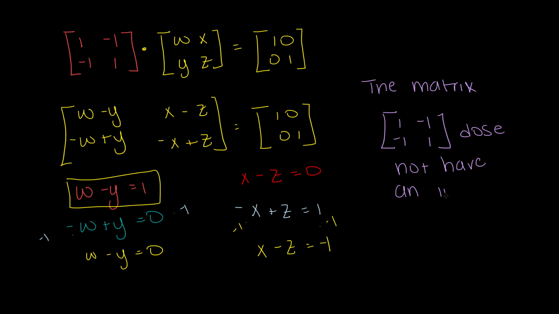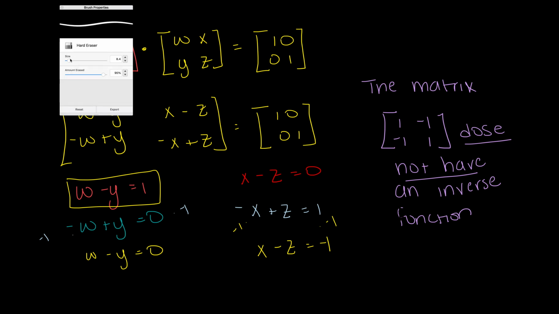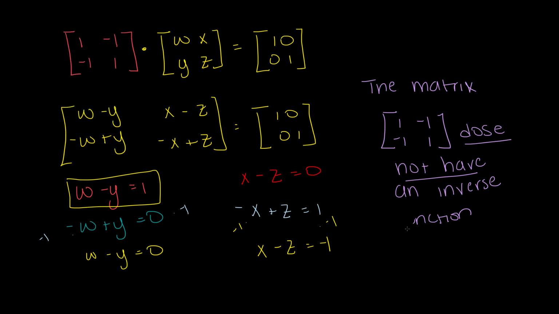I'm going to underline does not have, because there are some matrices that don't have inverse matrices. Oh, and I wrote inverse function instead of matrix. Let me correct that. Let me make this eraser a little bit bigger, because erasers are math's friends.